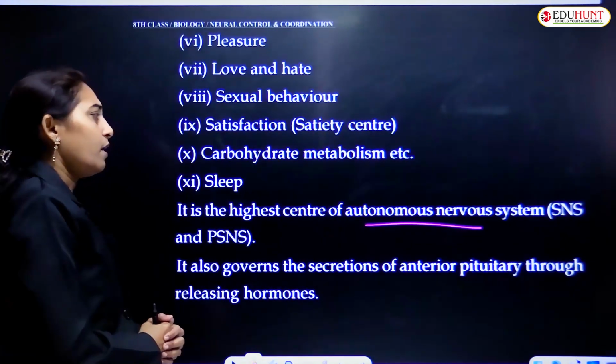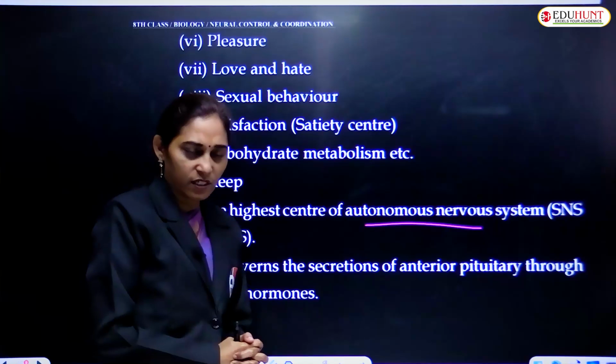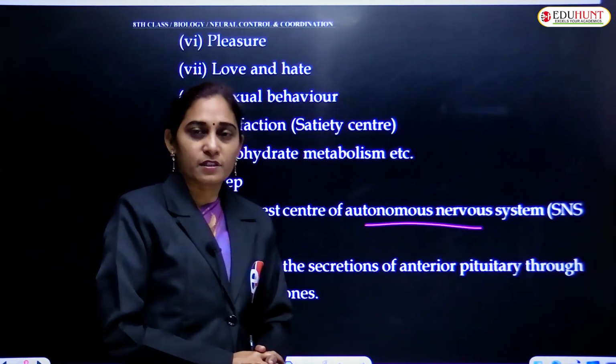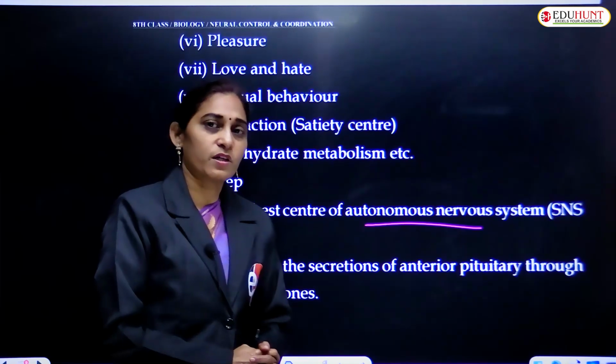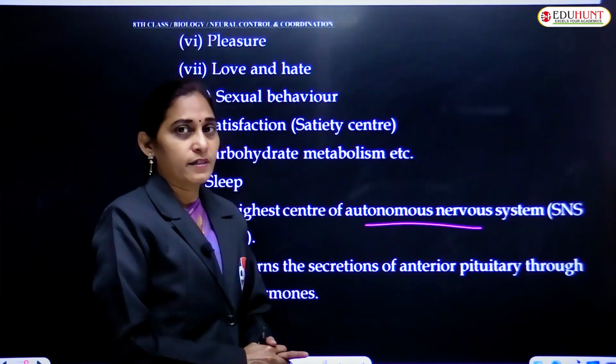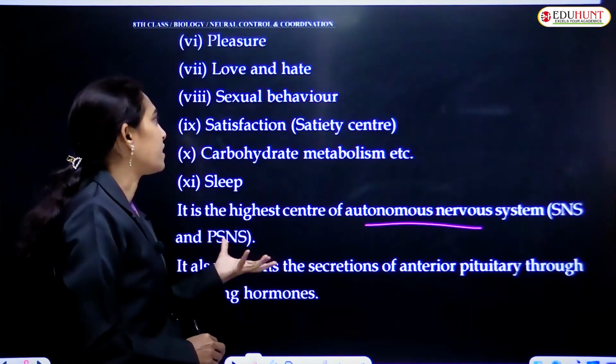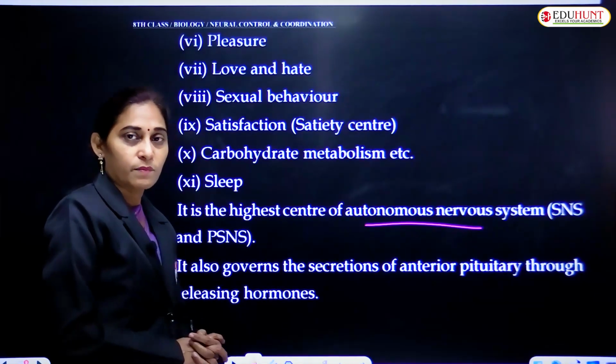In the autonomous nervous system, we have seen the sympathetic nervous system and the parasympathetic nervous system, which constitute it. The highest center of the autonomous nervous system is the hypothalamus.